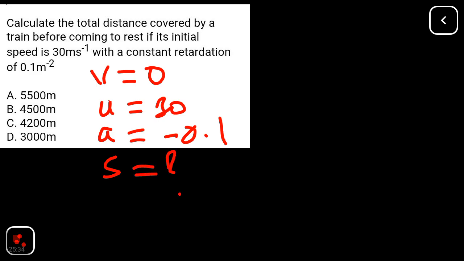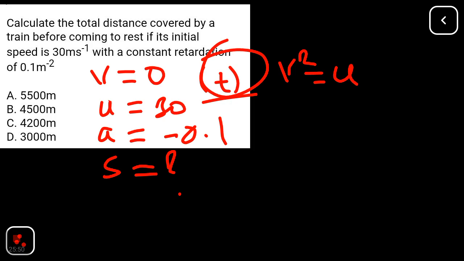Now we're not given time. So in this case, we're going to use the third equation, because time was not given, which is v square equals u square plus 2as.